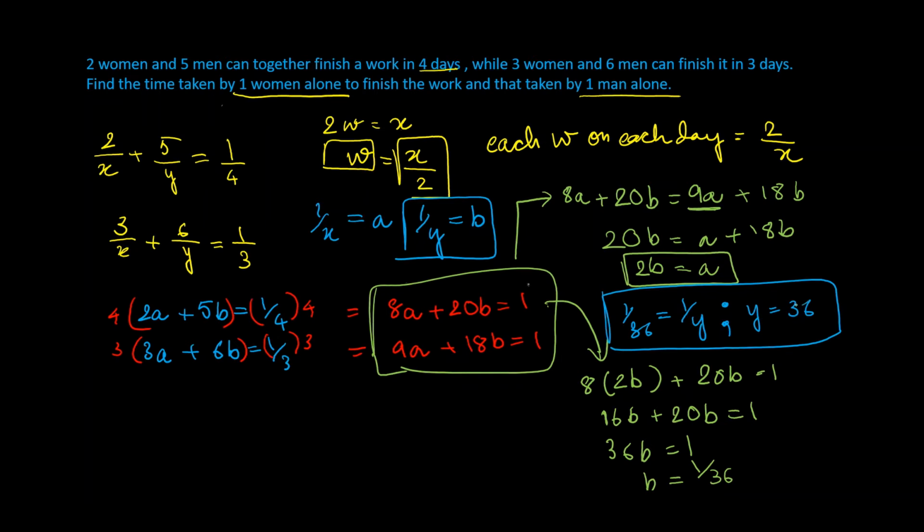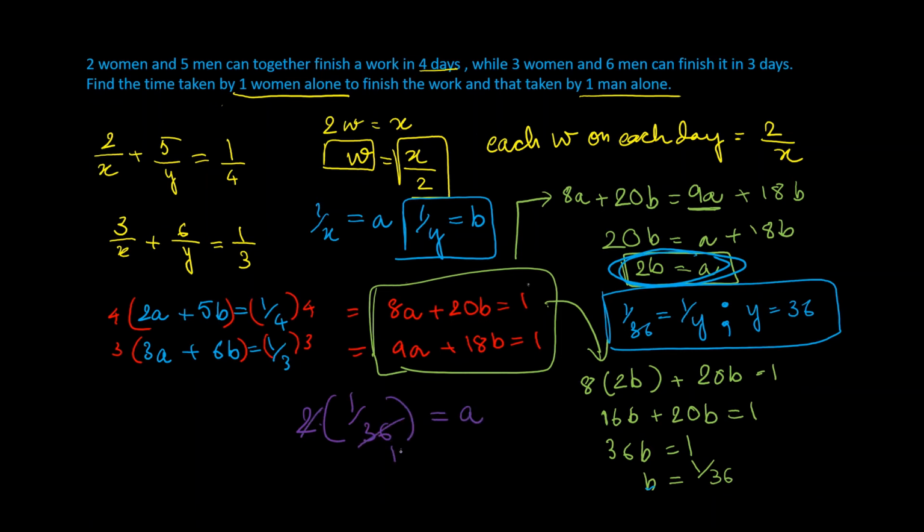After we get the value of y, we want to figure out the value of a. Now we know b is 1 by 36, so I'll substitute 1 by 36 in this equation, or you can substitute in any equation, you'll get the answer whatsoever. So I'll get 2 times 1 by 36 equals a.